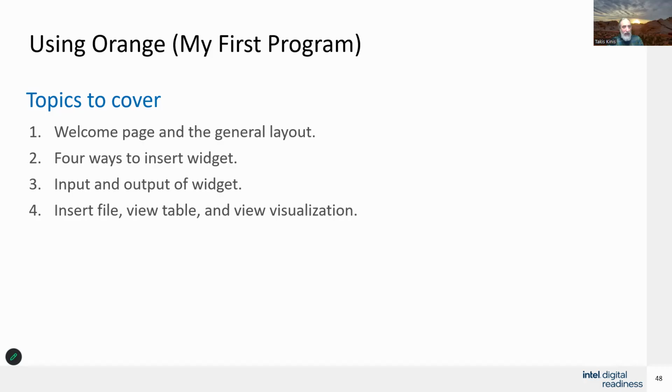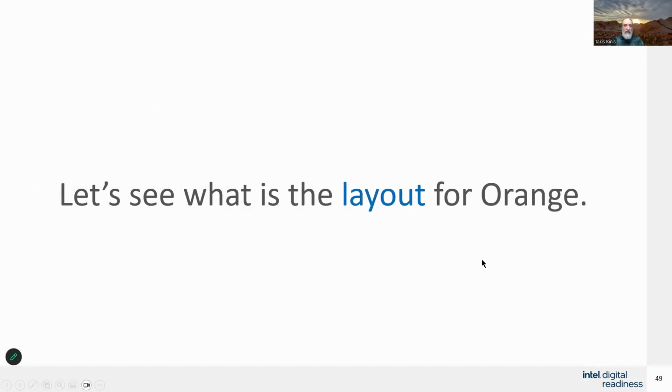We have input points and output points, and you can take the output from one and make it the input to another. Like, you might get a data set, then clean the data, and then output that clean data to a visualization tool or filter it or whatever, right? And that's what we're looking at here. We're also looking at other basic commands like insert file, view table, and visualization.